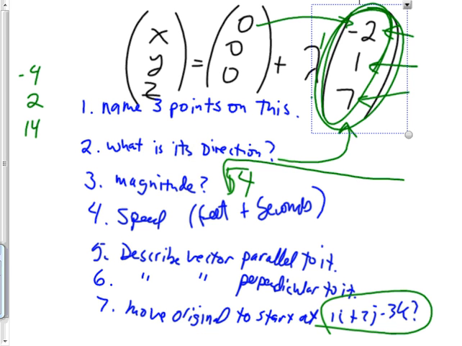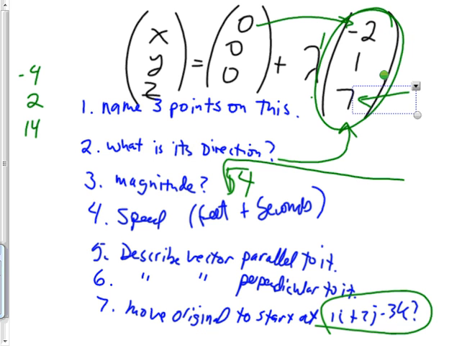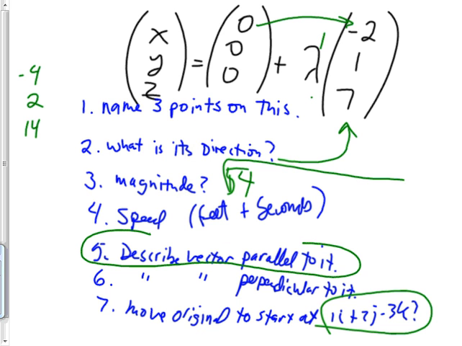On to number 5, a vector parallel to it. You'd probably want to just use the same exact dimensions, but does anybody think it through a little more thoroughly and do something different than the same exact direction? Yes? If we want to be parallel to it, we've got to be going the same direction as it, right?